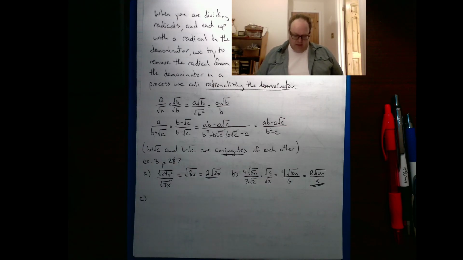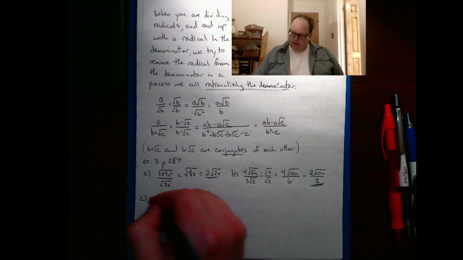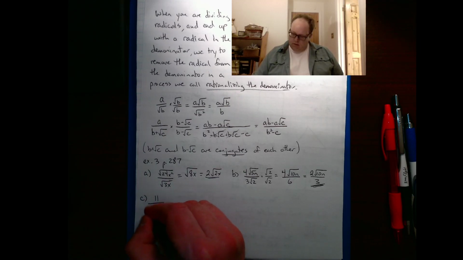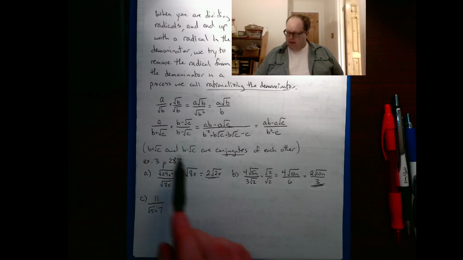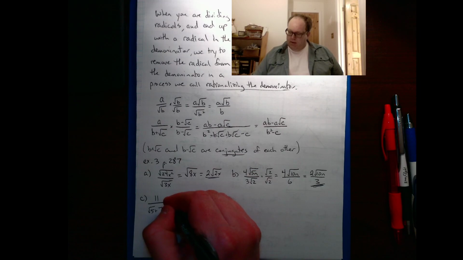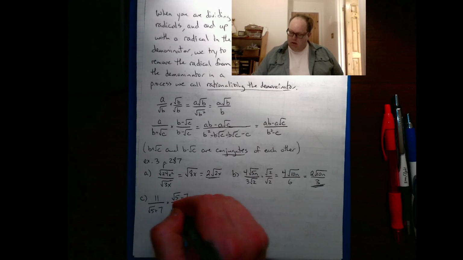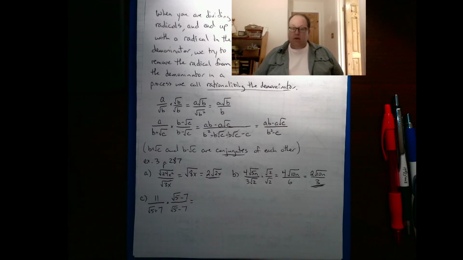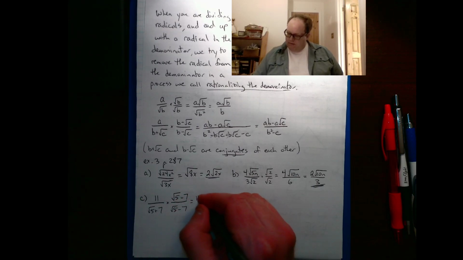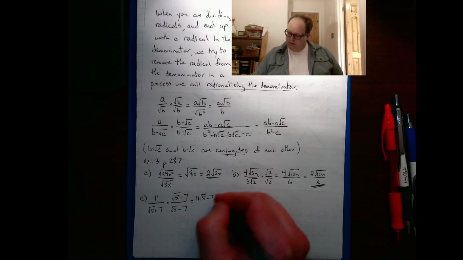In part C, we're asked to simplify 11 over root 5 plus 7, and this is the case of a binomial with a radical in the denominator. So I'm going to multiply by the conjugate, and the conjugate of that would be root 5 minus 7 over root 5 minus 7. My numerator becomes 11 root 5 minus 77.